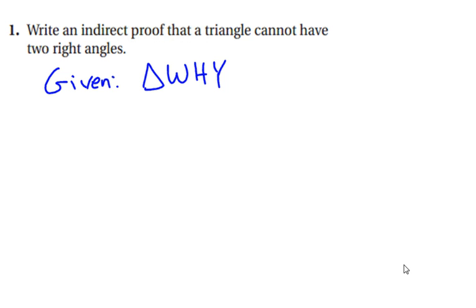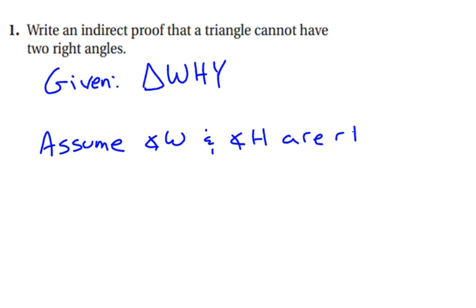So what we do is we say we're going to assume that angle W and angle H are right angles. So that's sort of the first step. You need to assume the opposite of what you're trying to prove. We're trying to prove that it cannot have two right angles, so we assume that we have two right angles.